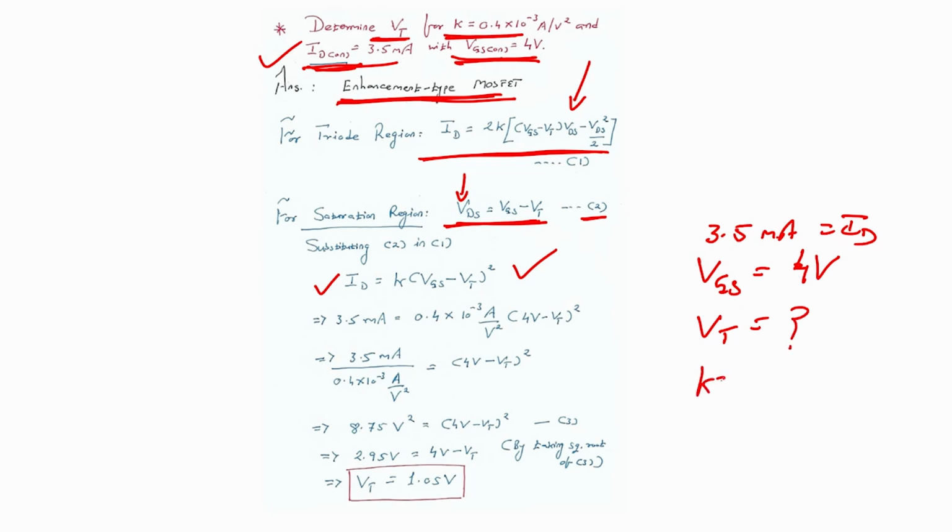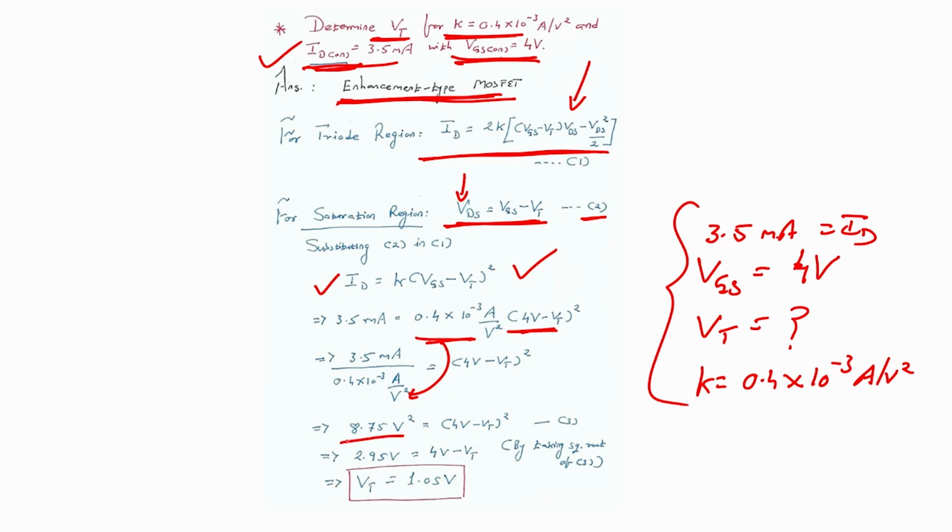K is also given: 0.4 into 10 to the power minus 3 ampere per volt square. Everything is given. So if I substitute the value 3.5, I will have this particular equation, and I will solve it.